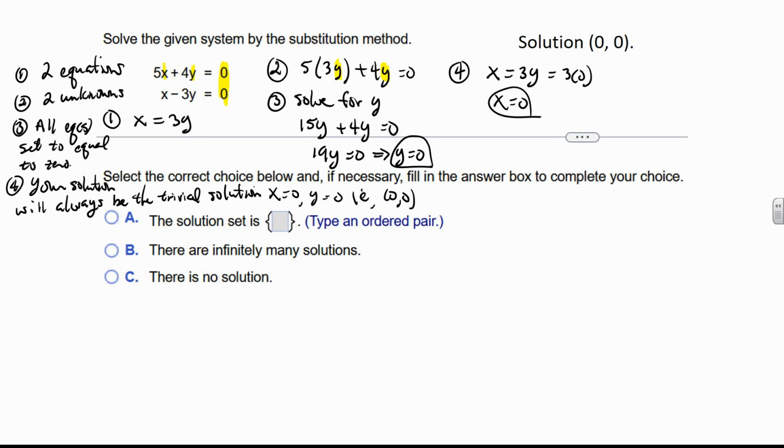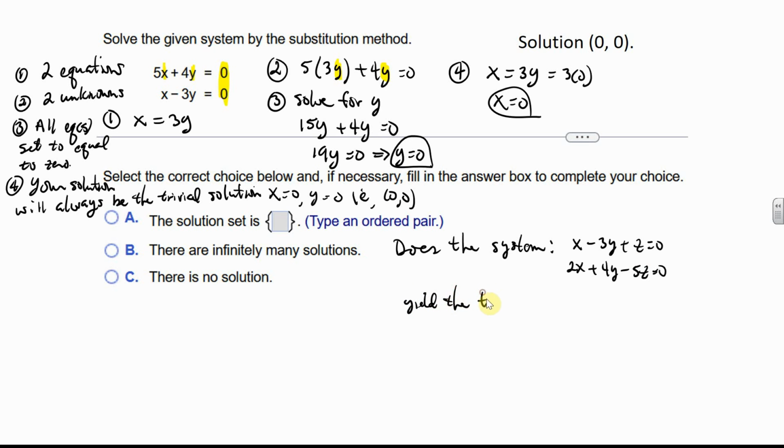Let me write it out. Does the system here, x minus 3y plus z equals 0, 2x plus 4y minus 5z equals 0, yield the trivial solution?